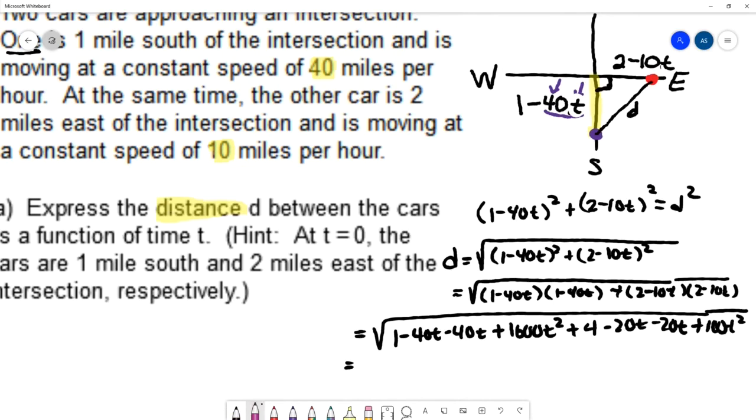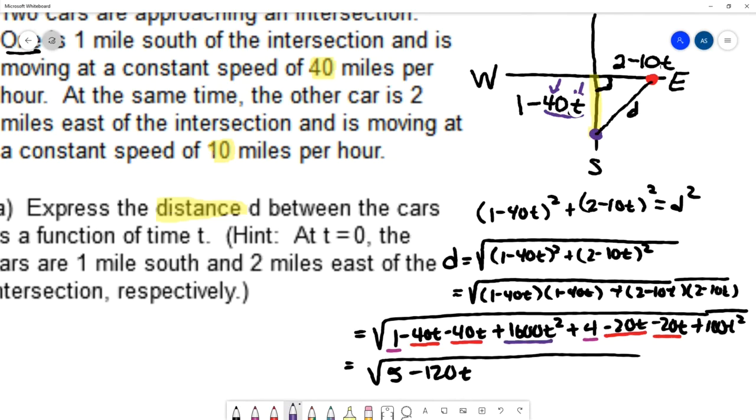I have some like terms I could combine. 1 and 4 combine together to be 5. I have like terms of negative 40 twice, that's negative 80. Another negative 20, that's negative 100, that's negative 120t.